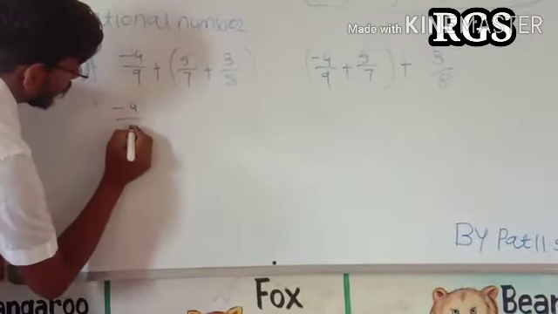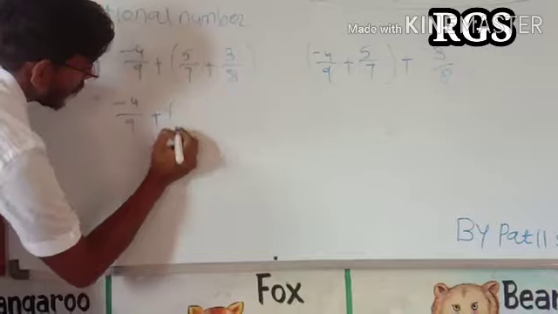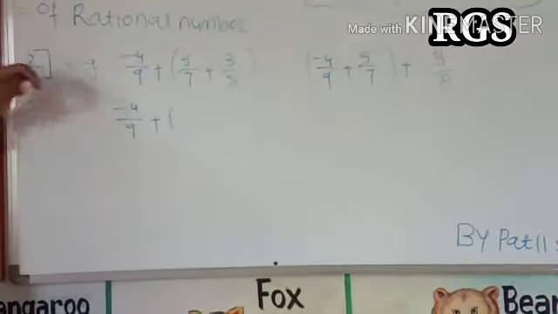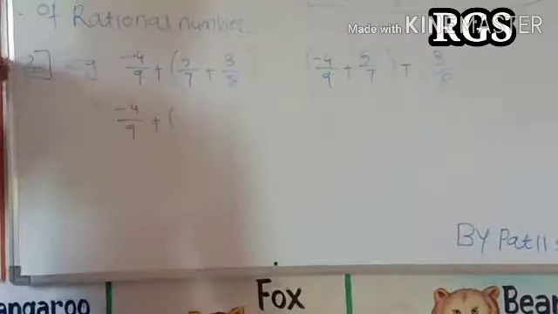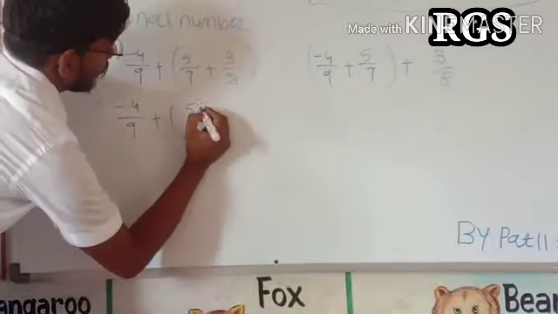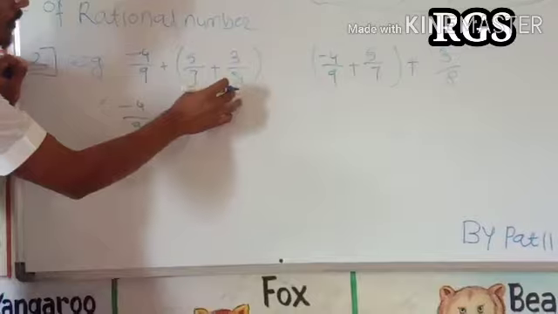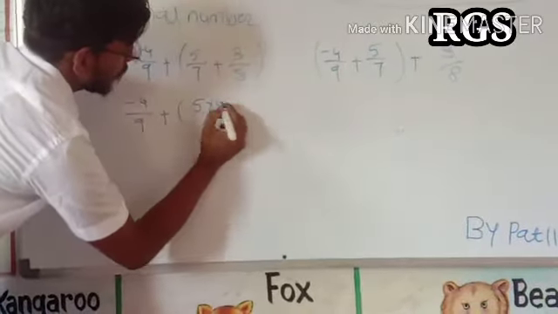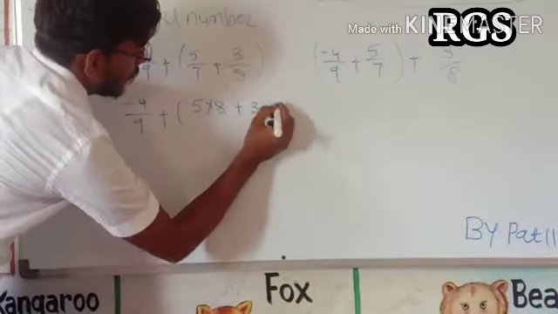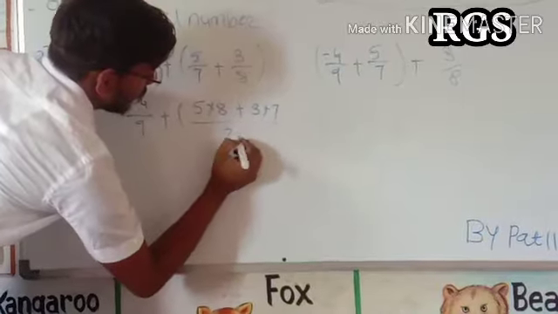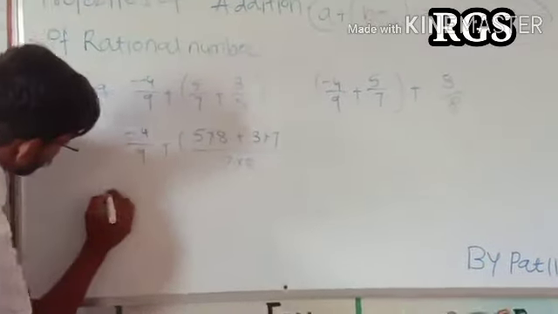We will take minus 4 upon 9 as it is, because we have to solve first the operations in the bracket. Therefore we have to make the denominators the same, so we do cross multiplication: 3 into 7 divided by 7 into 8.